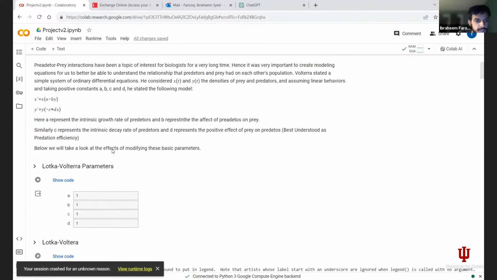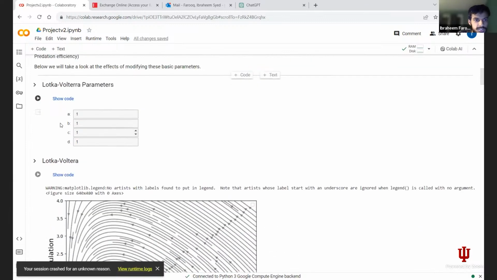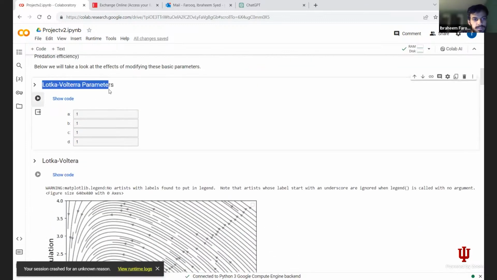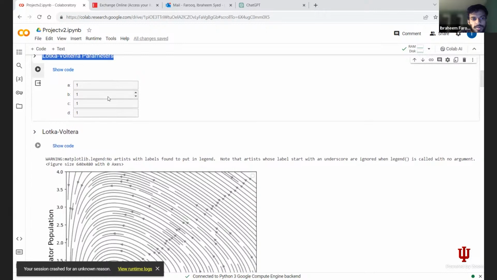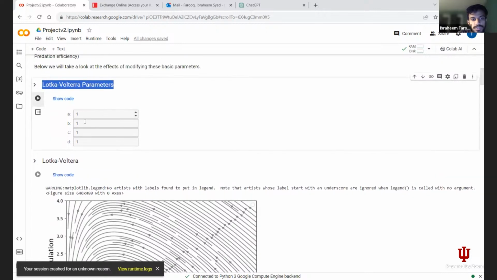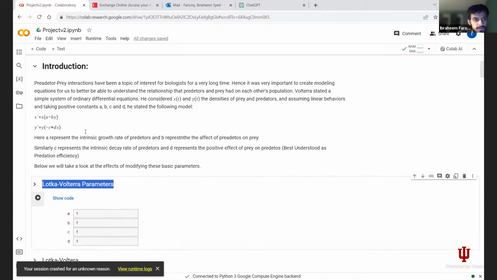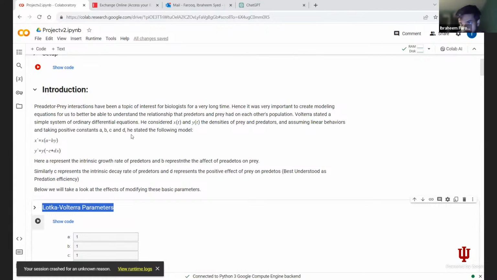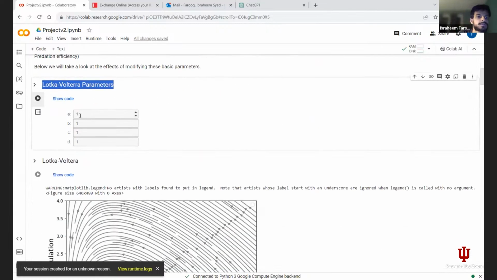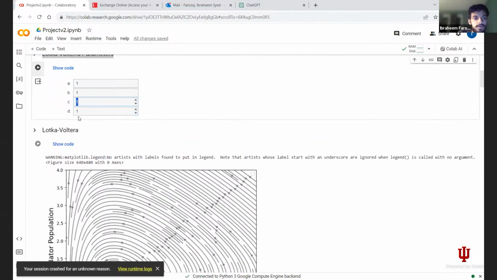But yeah, basically, here we're just taking a look at the Lotka-Volterra parameters. You can change A, B, C, and D, which are described as they were in the PowerPoint: the intrinsic growth rate, the predation efficiency, the intrinsic decay rate, and then also predation efficiency here.